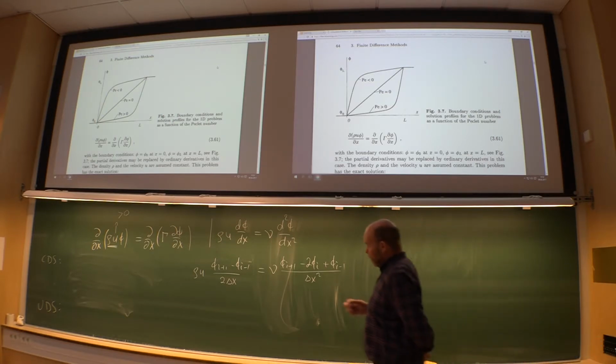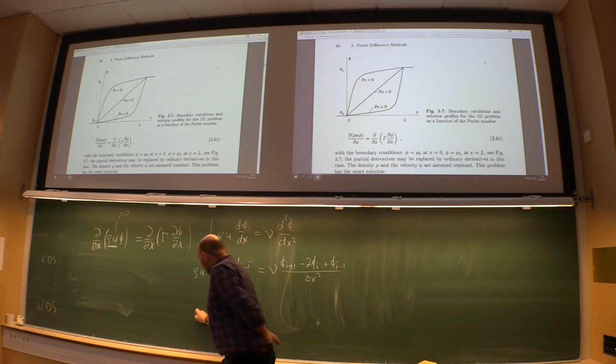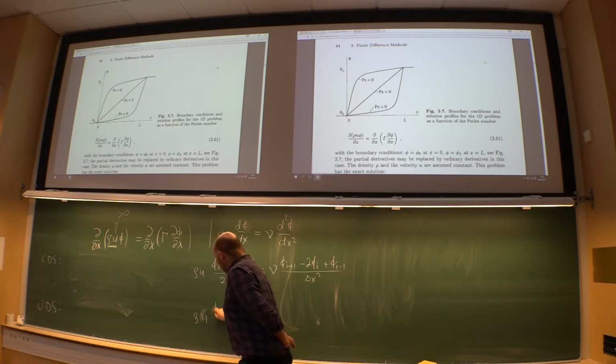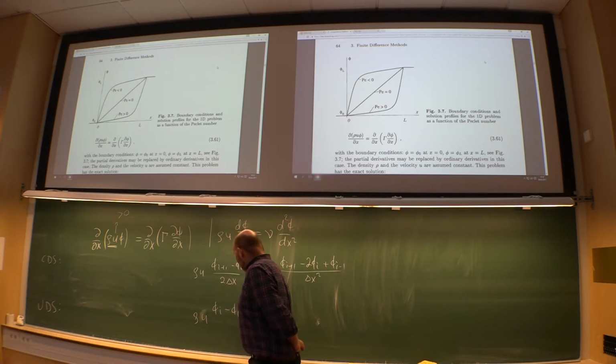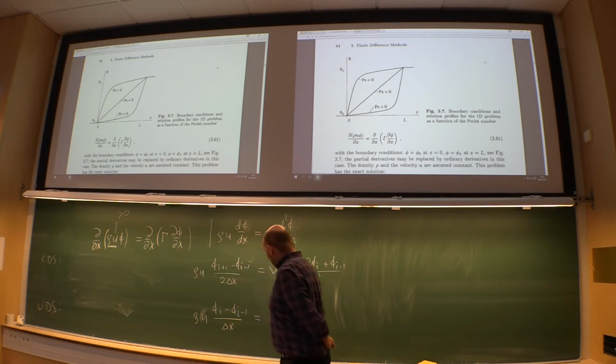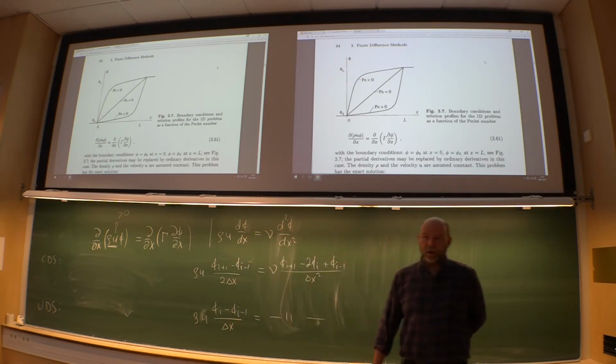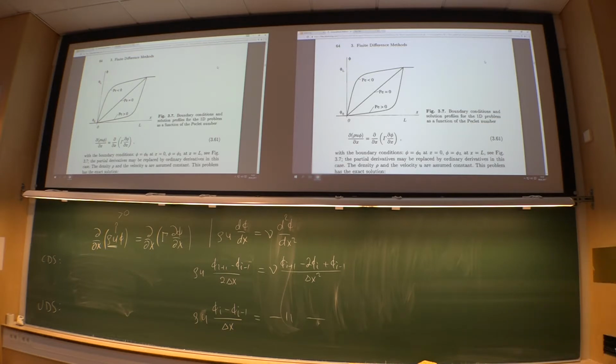That means the first order derivative can be written rho u, and then we say phi I minus phi I minus 1 over a single delta x equals, and then the same thing on the other side. So there I have my two stencils.